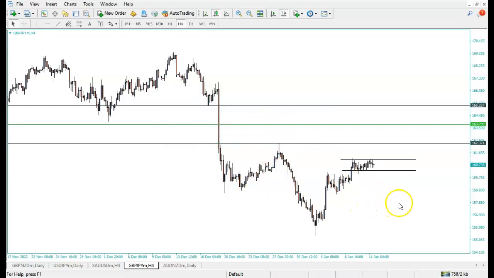All right, so what we're looking for in this market is for price to push up and break to the upside. If it breaks to the upside, this is what we expect: break out of this range, come back to retest it, and push up.